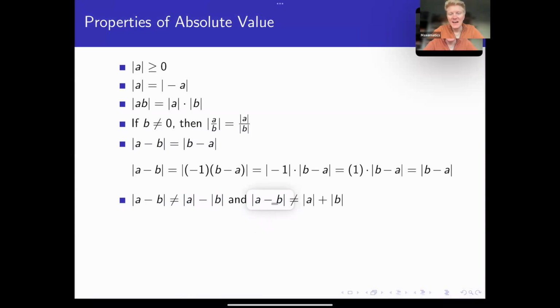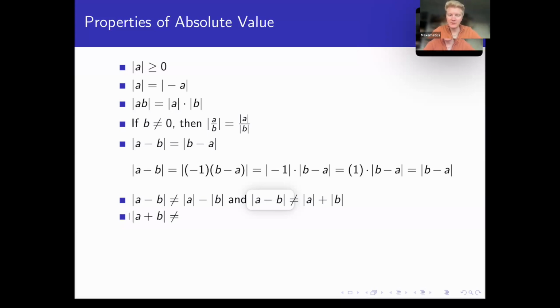Okay, these things happen. We're also not allowed to say that this subtraction becomes an addition, right? We like the idea of absolute value making things positive, but it doesn't magically change subtraction signs into addition. So in all these cases, when you're trying to subtract things inside an absolute value, do the subtraction first and then take care of the absolute value.